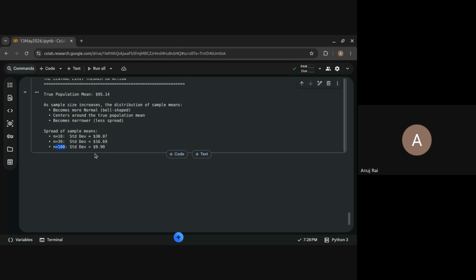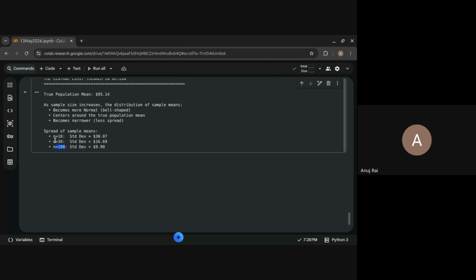Are you getting what I'm saying? So basically, the optimal region is around 30. It is not something hard and fast, but it is around 30. It is considered that you can get a better idea about the population.